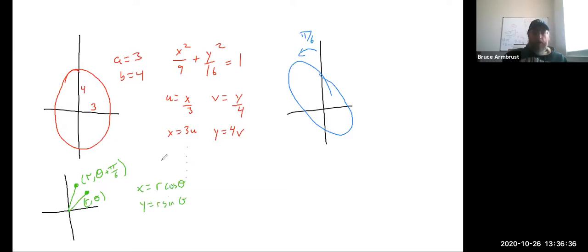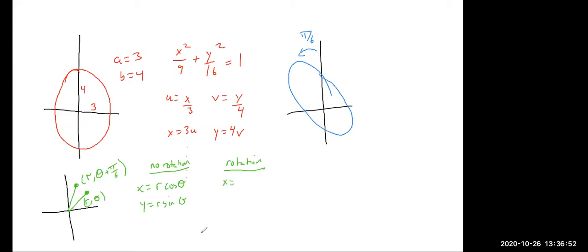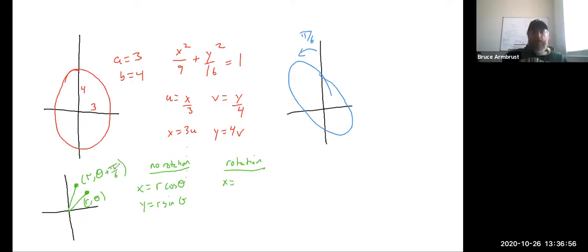So this is with no rotation. But then if we went over to rotation, what would it be? X is r cosine theta plus pi over 6. Okay, so we still have that pi over 6. So we're going to have our r times cosine, but now instead of just theta, we have to account for that pi over 6. And the same thing here, right?